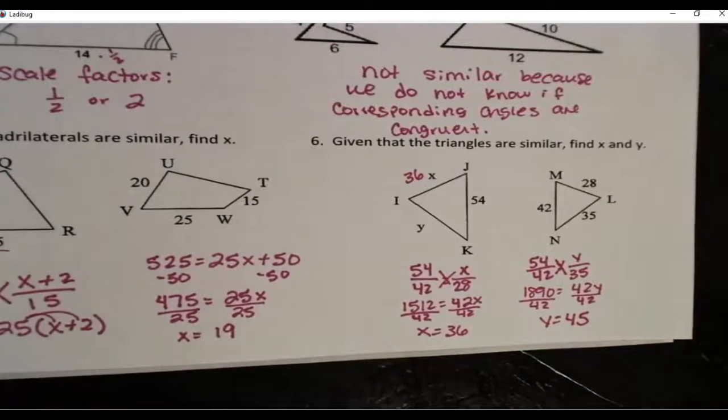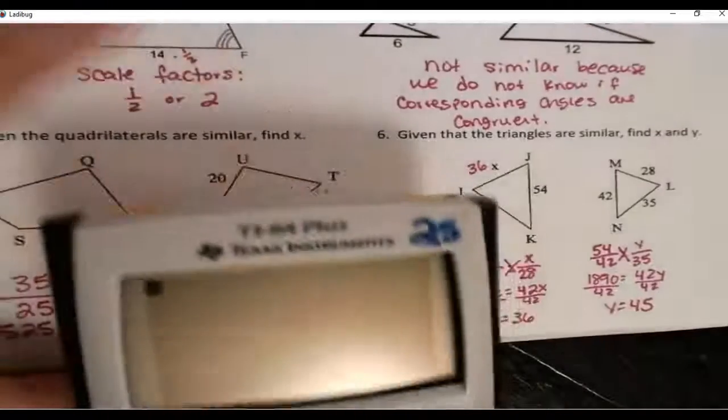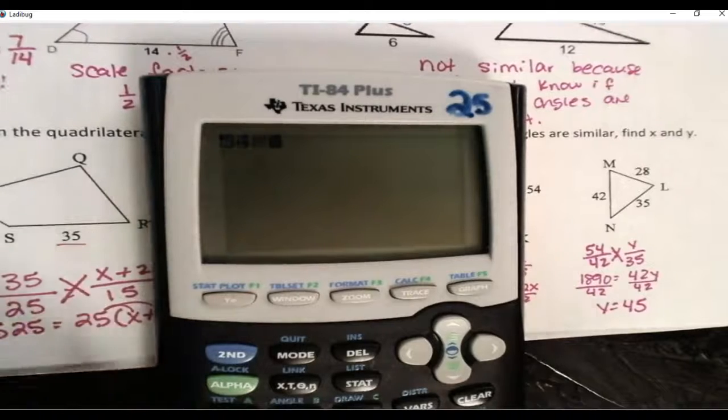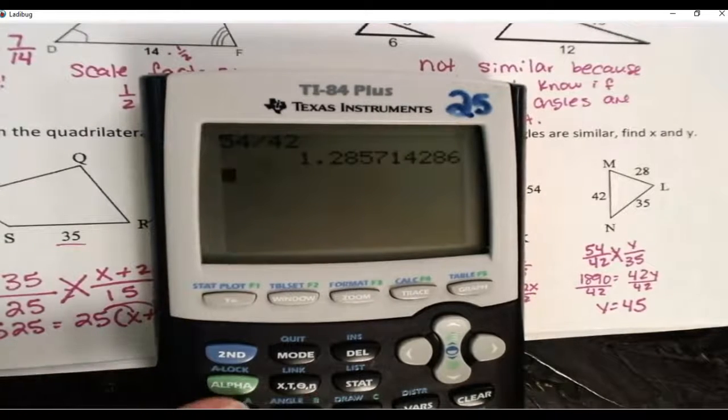So, the other way which makes more sense to some people is to use the scale factor. I'm just more algebra minded, so I like to set up the proportion and solve for x. But the other way that you can do it is you can use the scale factor and then multiply. So like in this one, if we did 54 divided by 42, and we made it a fraction, we would get that the scale factor is 9/7.